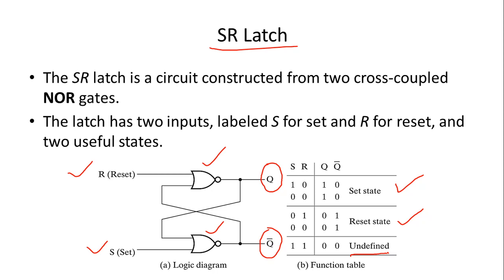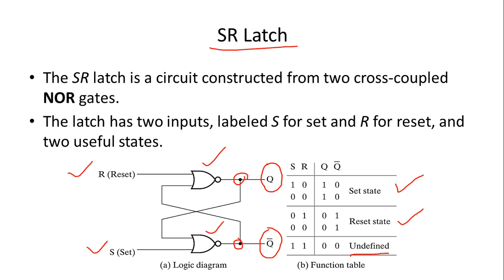Now the circuit is pretty simple and interesting. The output of the first NOR gate is fed to the input of the second NOR gate, and the output of the second NOR gate is connected to the input of the first NOR gate. Other than that, things are pretty simple.